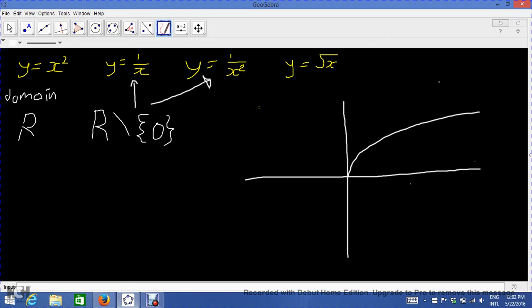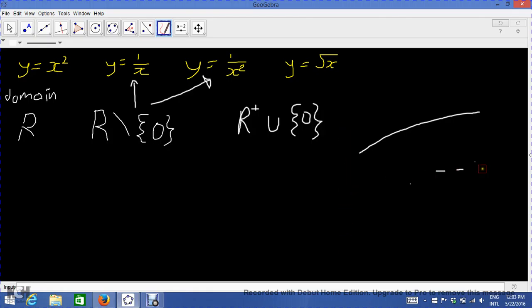So this one we can say is all positive real numbers, including 0. Okay, so that's just a bit of a summary of our maximum domains from last week.